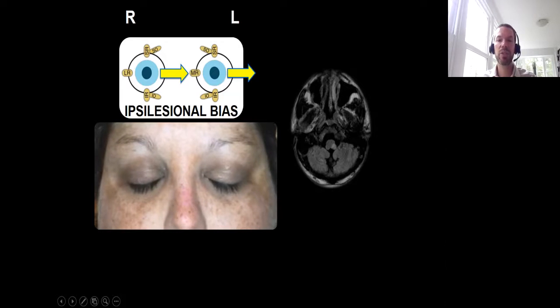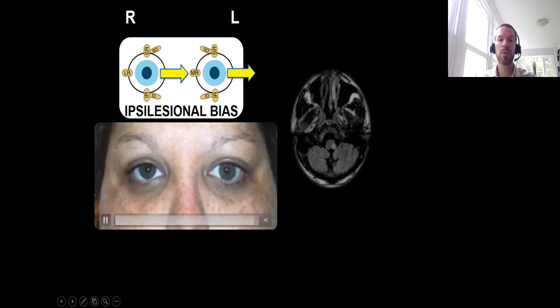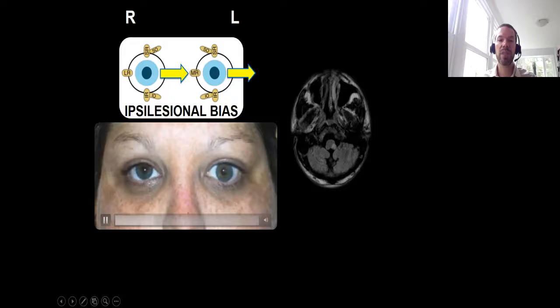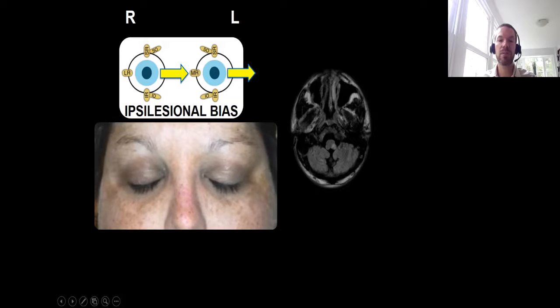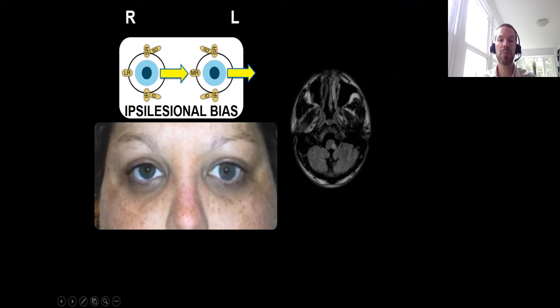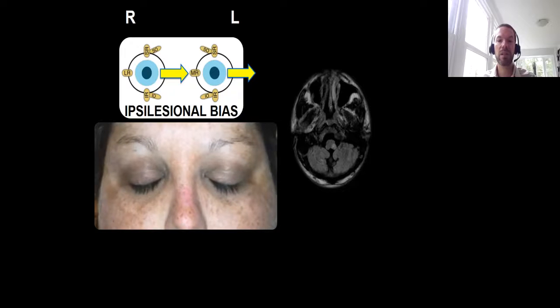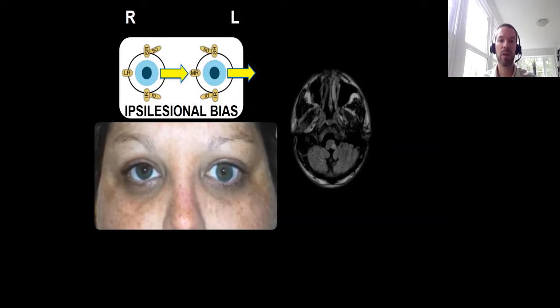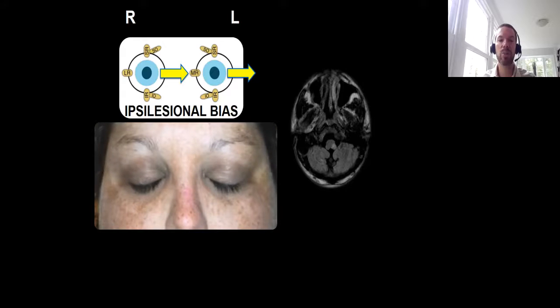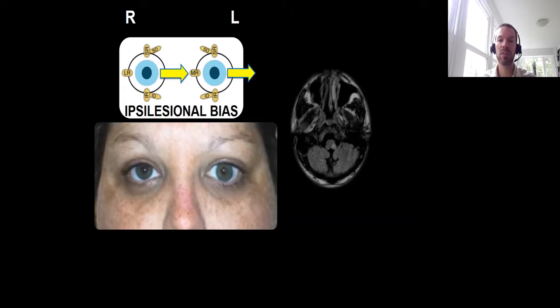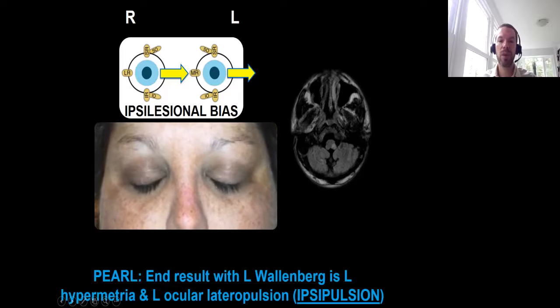So left lateral medullary lesion, behind closed eyelids, the eyes are really going to deviate to the left side. You open the eyes, the patient has to look back to center, so the eyes have to come to the right. And again, this is another example of a left lateral medullary problem causing leftward ocular lateral pulsion, also known as ipsipulsion because it's toward the side of the lesion.